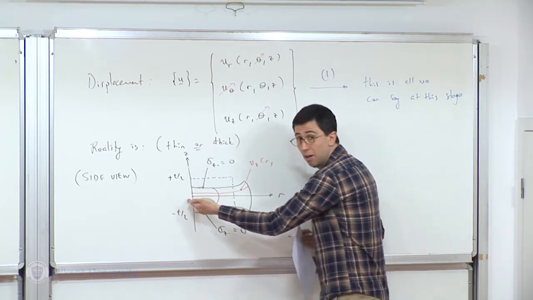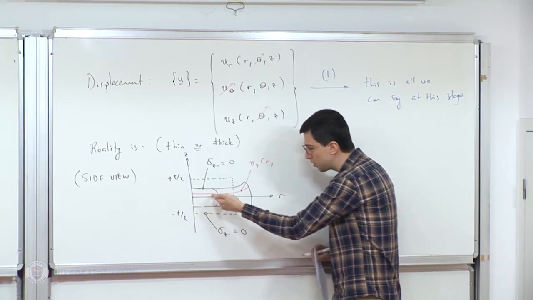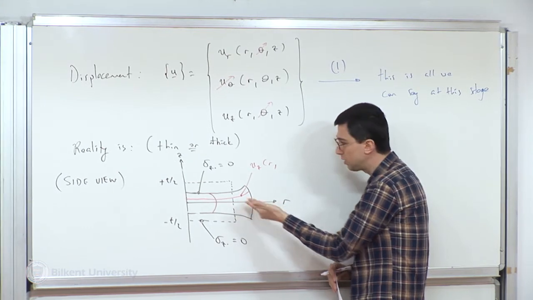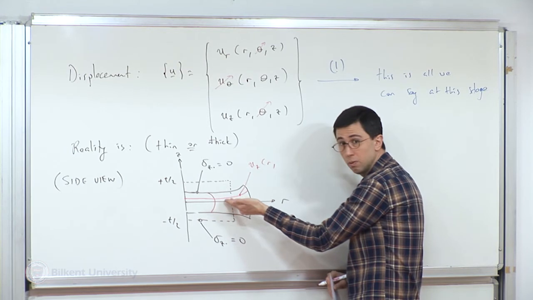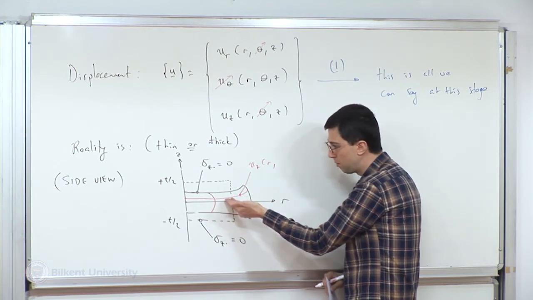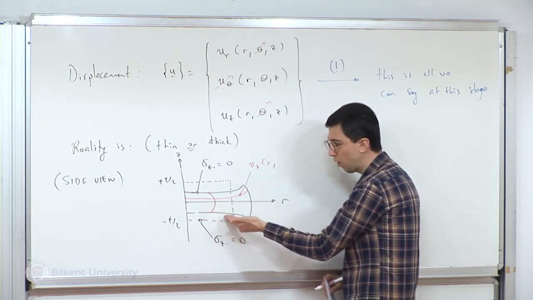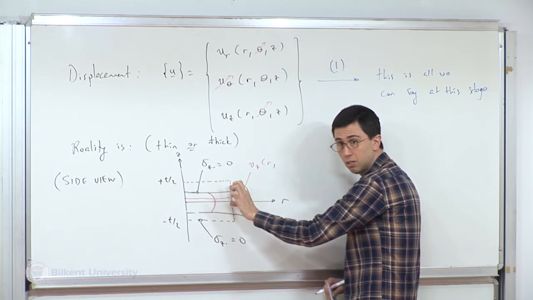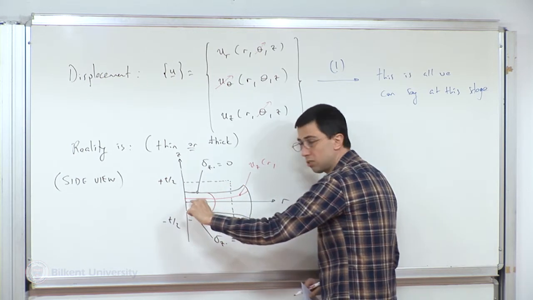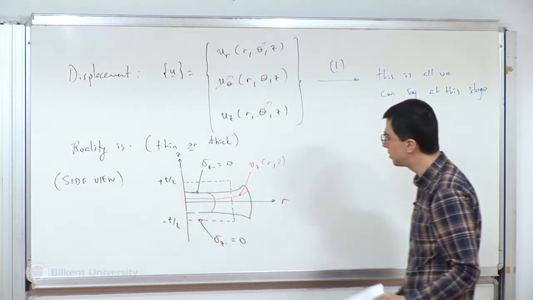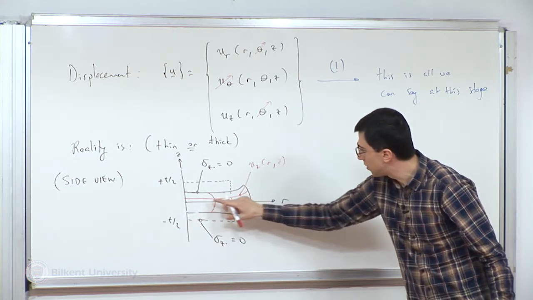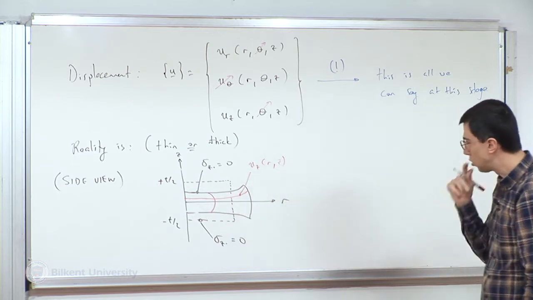Because uz, by symmetry, along this black line, is 0. Points above z equals 0 move down. Points below z equals 0 move up, because the disk is getting thinner. Okay, but on this line, it's equal to 0. So for sure, there is a z dependence, and there is some symmetry about z, but the r dependence, because of this curvature of the line, also cannot be omitted.